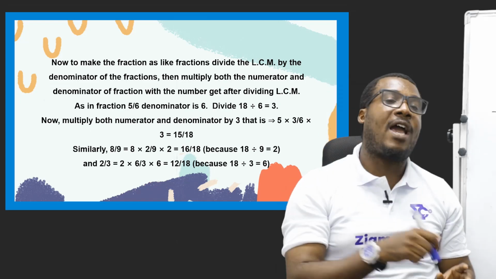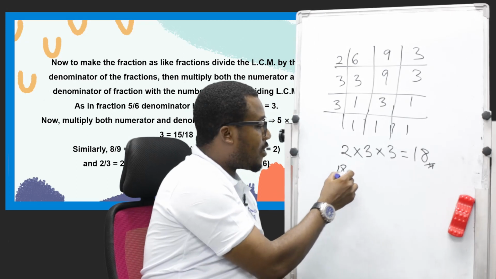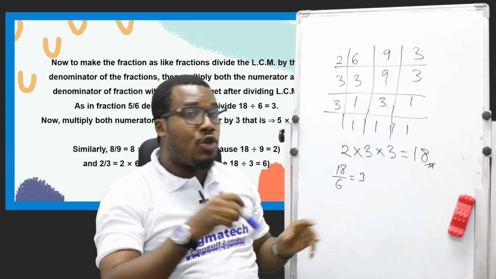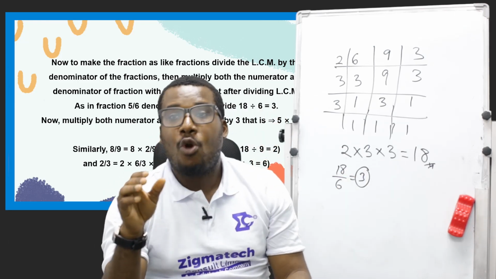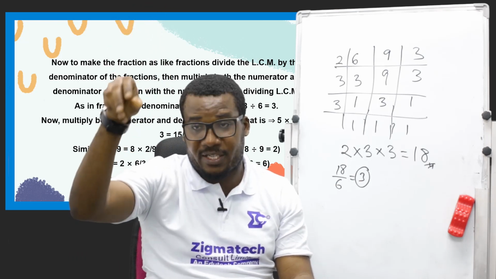So you use 18 to divide 6 the first instance, which is 18 divided by 6. As you can see on your screen, you find out it is 3. Now, the next step is to use the 3 to multiply with both the numerator and denominator of the same fraction, the same 5 over 6.